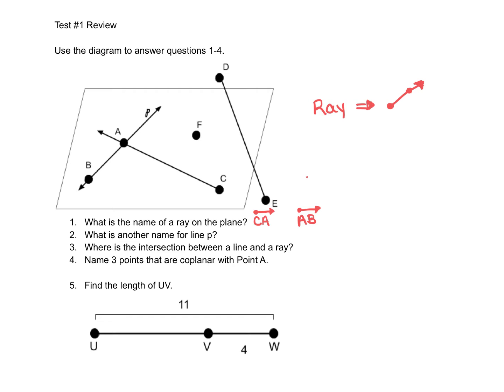Now it says, what's another name for line P? A line is going to look like 2 arrowheads on either end. In order to name a line, we only need 2 points on that line, and the 2 points given are going to be line BA, or we can name it in the opposite way and name it AB.